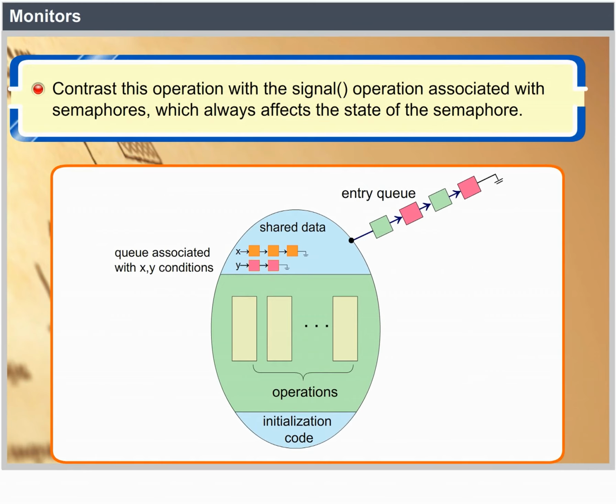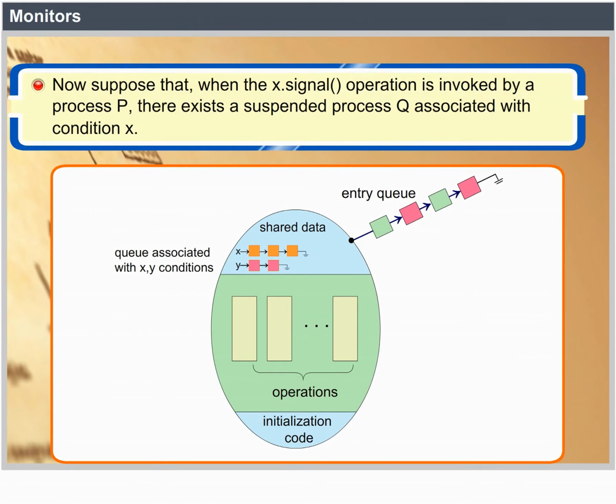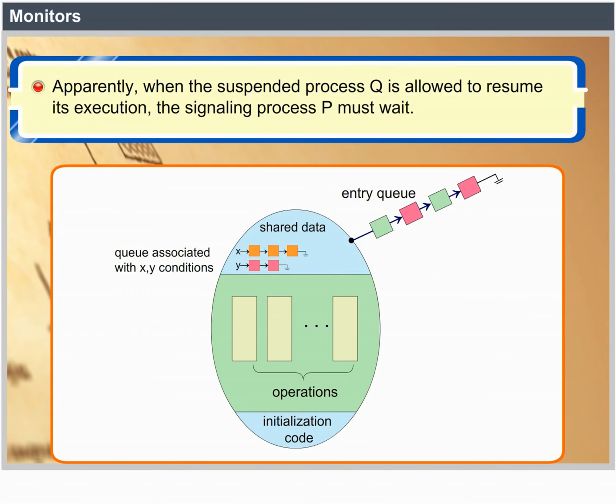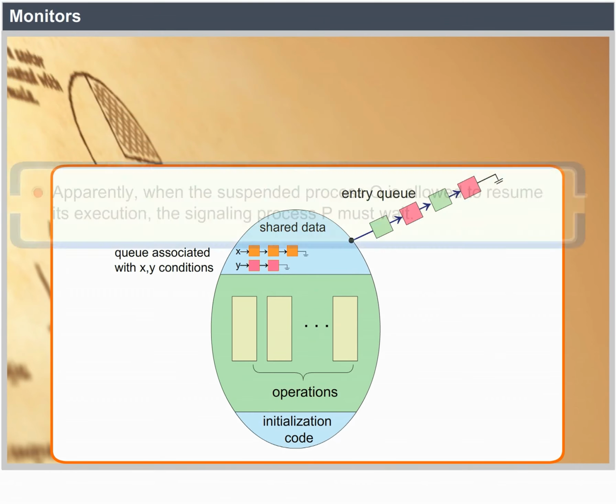Now suppose that when the x.signal() operation is invoked by a process P, there exists a suspended process Q associated with the condition x. Clearly, if the suspended process Q is allowed to resume its execution, the signaling process P must wait. Otherwise, both P and Q would be active simultaneously within the monitor.